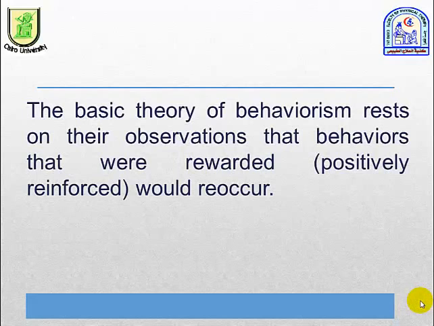The basic theory of behaviorism rests on the observation that behaviors that were rewarded, positively reinforced, could occur again. All of us, when we have our infant, even without having any idea about any theory, we find parents use this way. Positive reinforcement strengthens the behavior, while negative reinforcement can weaken the behavior. All of us already use this with our colleagues or neighbors or children or infants or whatever.